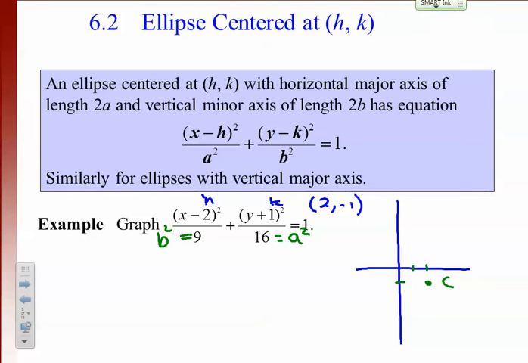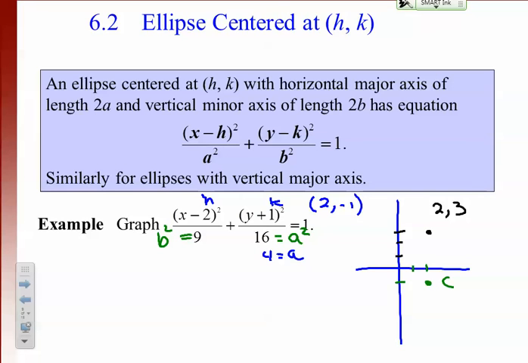So 4 equals a, so I need to go up 4 to put the other vertices on. So I go up 1, 2, 3, 4. So that vertex is going to be at 2, 3.